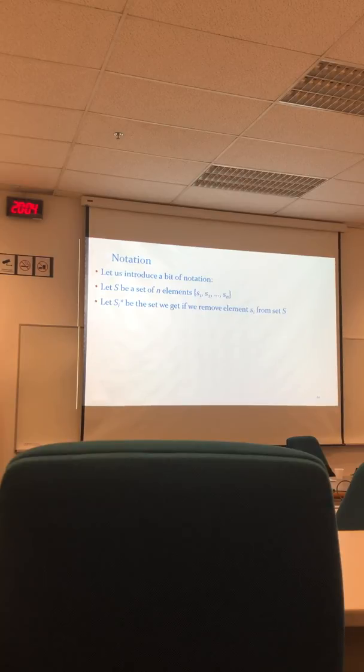We have some more notation. Si asterisk is the set that remains if we remove Si, that means excluding Si. If it's S2, that means the remaining set excluding S2. Here we have an example. If you have 3 names, S1, the first one, is Tom, the second one is Dick, the third one is Harry.